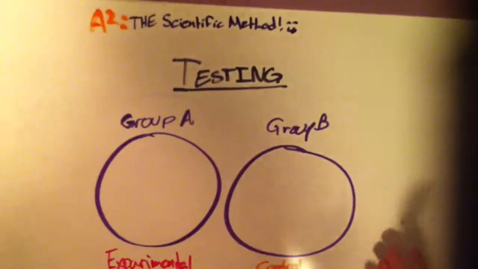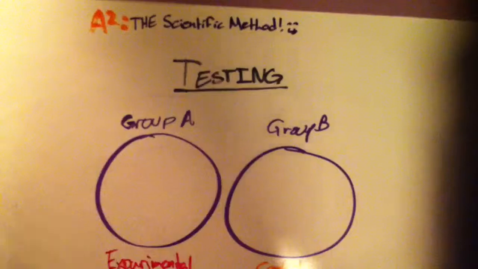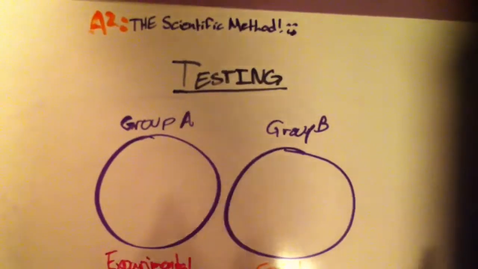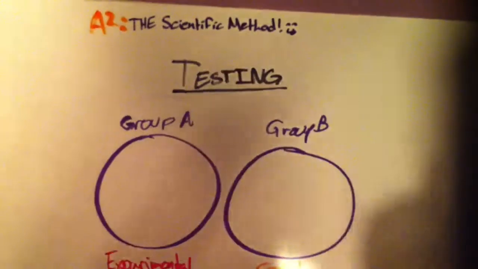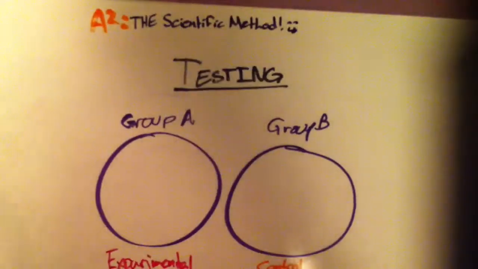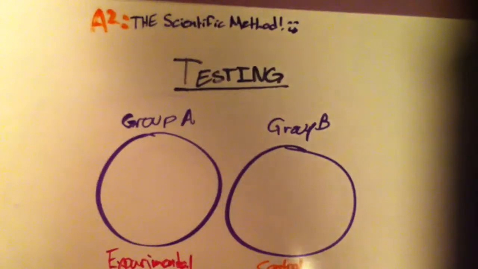The purpose of the control group is basically to have a basis of observation so that you can know if your experimental variable is doing anything. The experimental variable is the item you are testing.